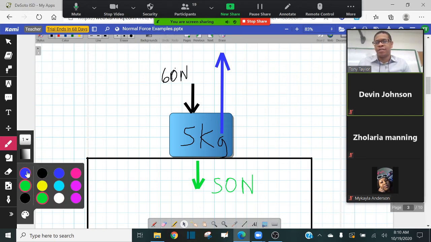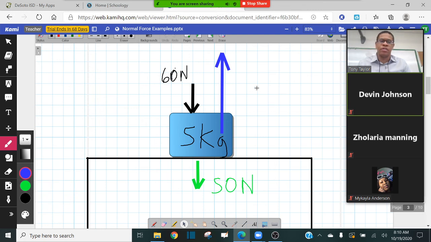If I have two down forces, someone pushing down on the block and also gravity pulling on the block, what has to be the value of the normal force in order for the block to still be at rest?